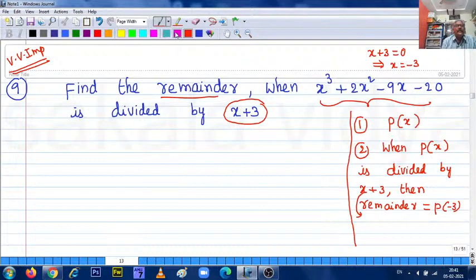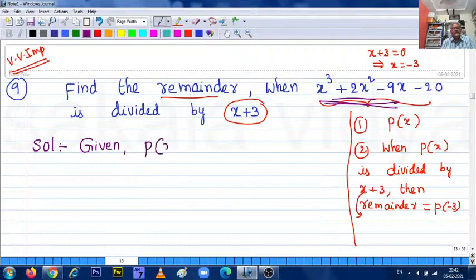So now write down here solution. Given, say this is p of x. P of x equals x cube plus 2x square minus 9x minus 20.